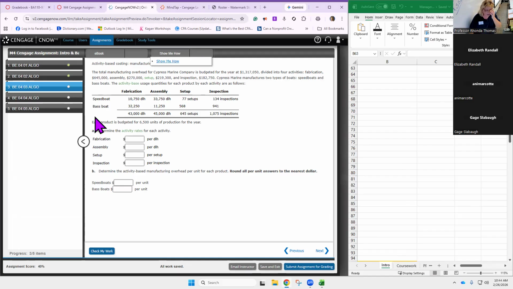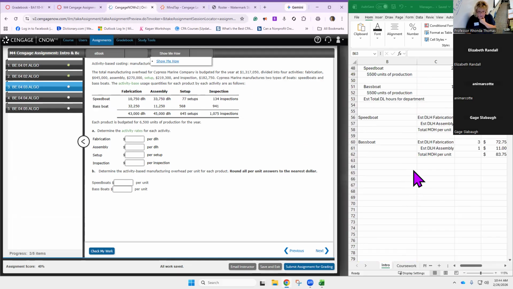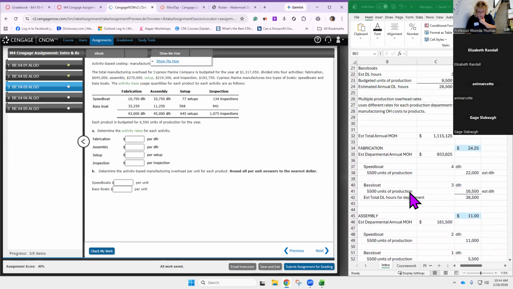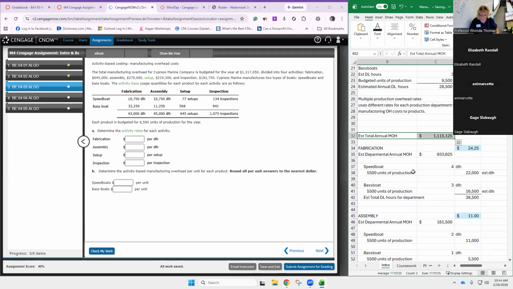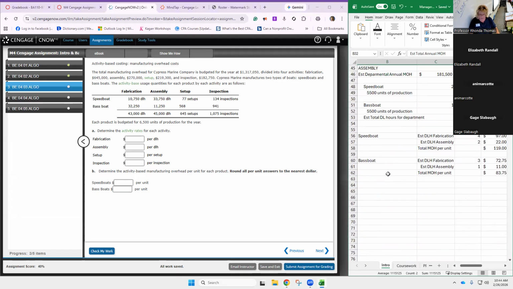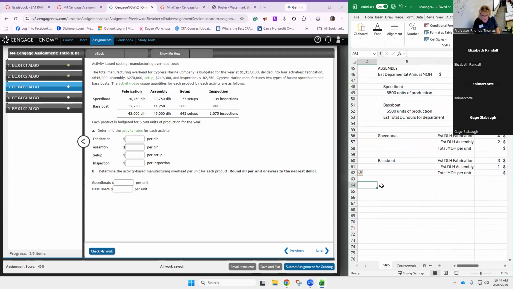Okay, all right. So total manufacturing overhead, we're still with Cypress Marine, that's nice, is budgeted for the year at $1,317,050. I'm going to borrow this and bring it down here so I don't have to repeat it. And this is number 3.